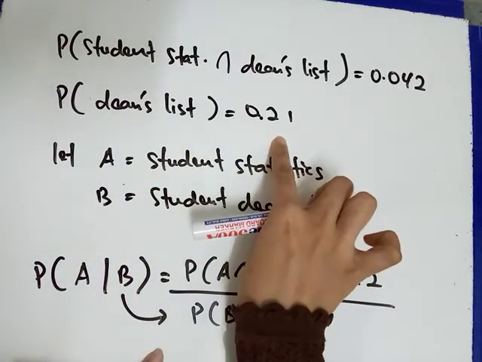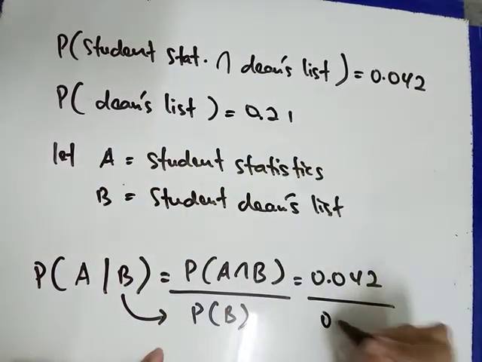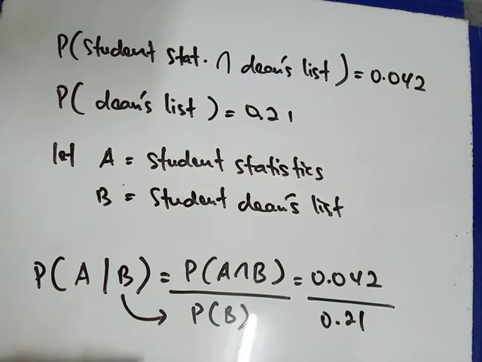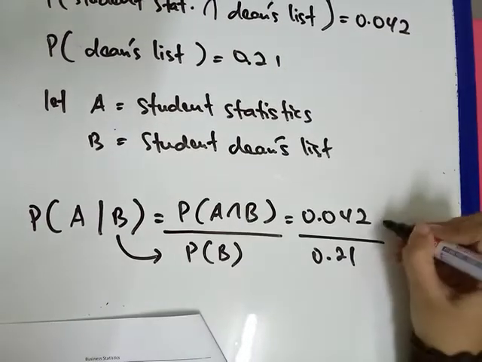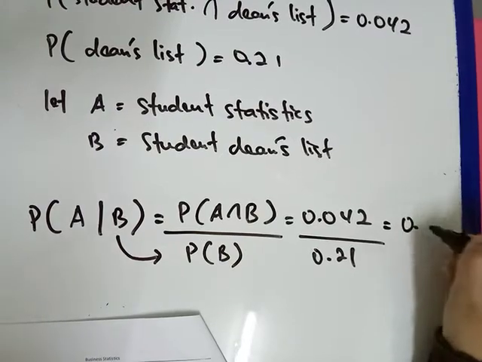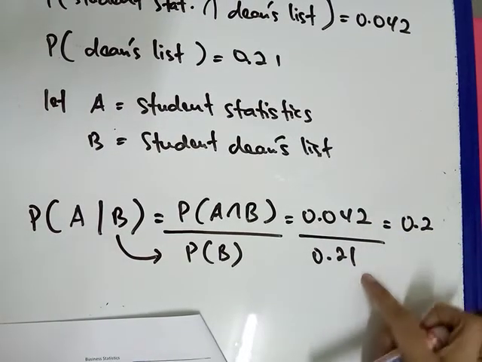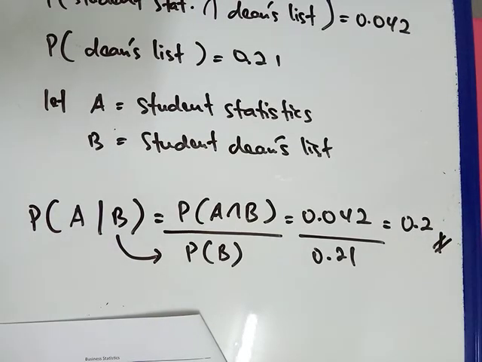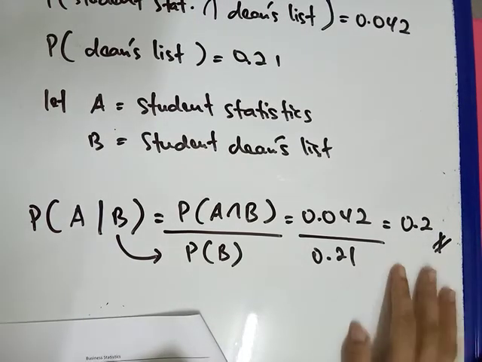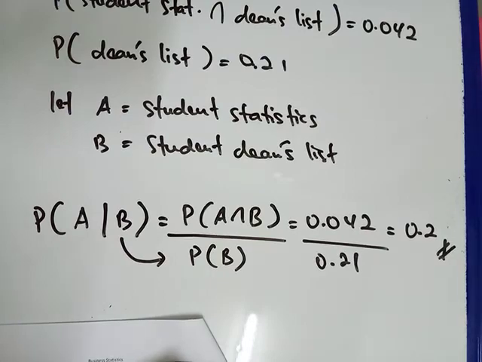Student Dean's list 0.21. Okay, and then simplify. You get 0.2. Okay, 0.042 divide 0.21, you get 0.2. So this is the answer. Okay, ni jawapan dia.